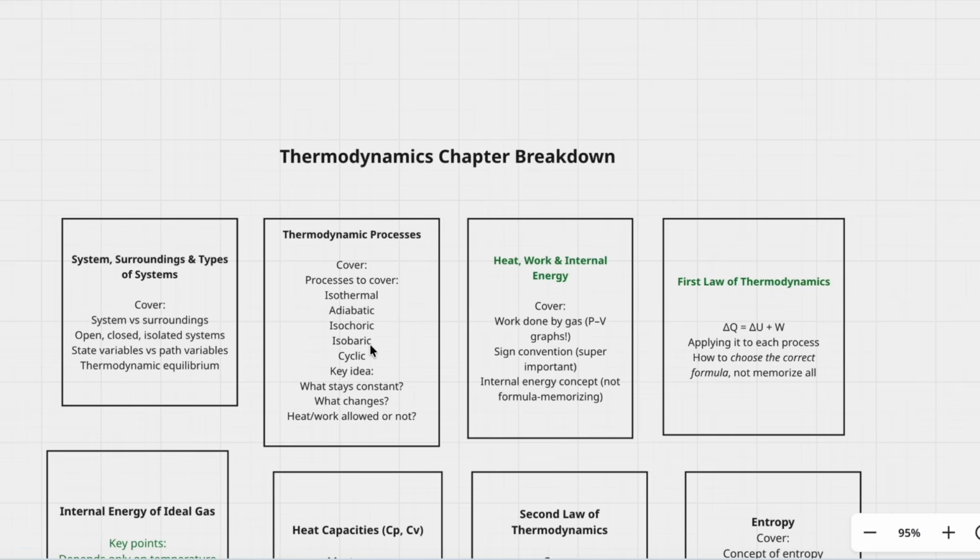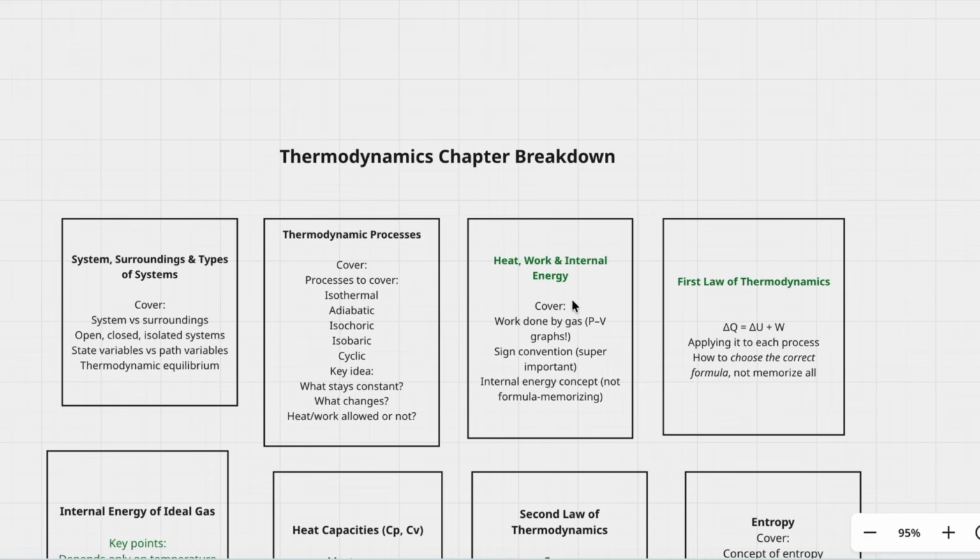In order to solve a problem, you should know the property of an isochoric process. Then only you will be able to solve the problem, right? So see the pattern. What changes? What stays constant? Is heat allowed? Is work allowed? What is the work in which case? This is really important, so you should cover them on this basis.